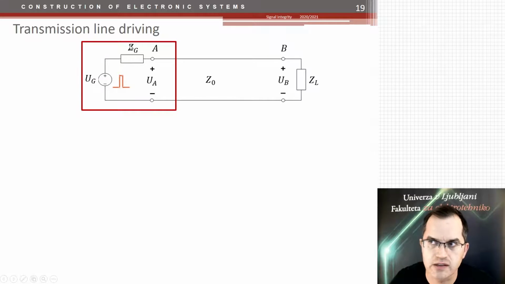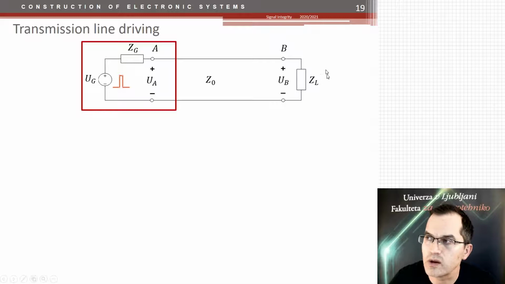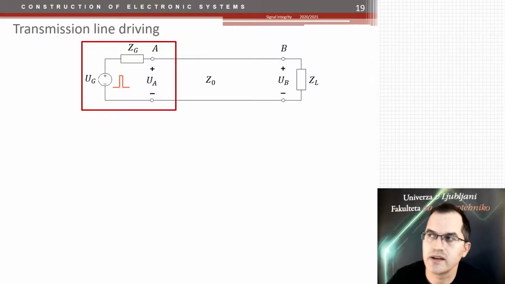It has a source impedance, generator impedance, and it's connected to the transmission line. The transmission line acts as a load to that generator, but you should ask yourself, what about that one here? And the answer is, the load impedance on the other side of the transmission line doesn't have any effect on the initial signal at time zero.